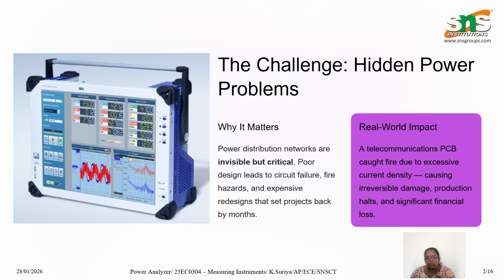For example, in a telecommunications printed circuit board, excessive current density caused overheating and eventually fire damage. This not only damaged the equipment but also caused production delays and financial losses. Therefore, engineers need reliable tools to identify such problems at an early stage.